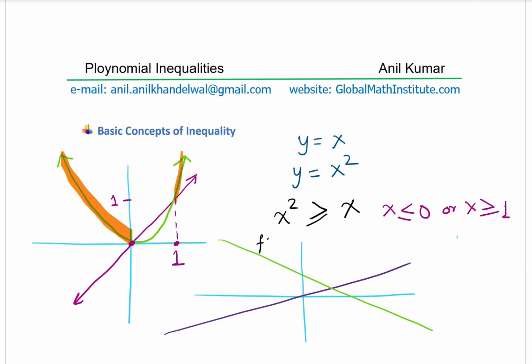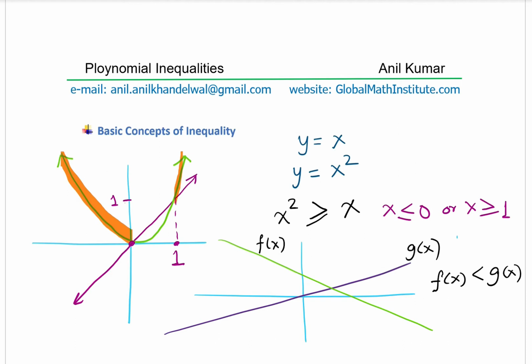Let's say this is our function f of x and the other one is a function g of x. I hope you also figure out that naming or using function notation is a good concept. Now, if I have to shade the region where f of x is less than g of x, what will be the interval?